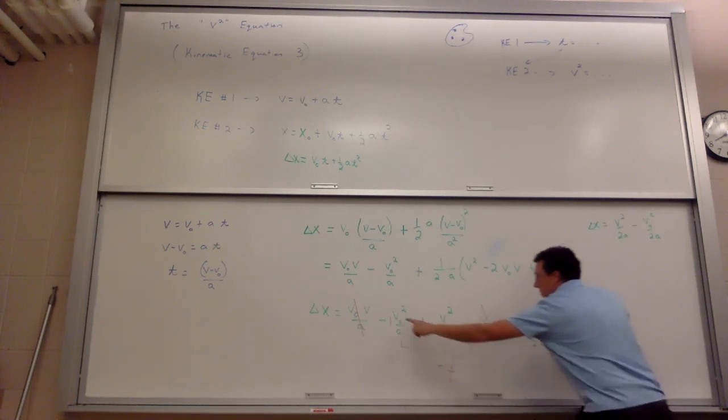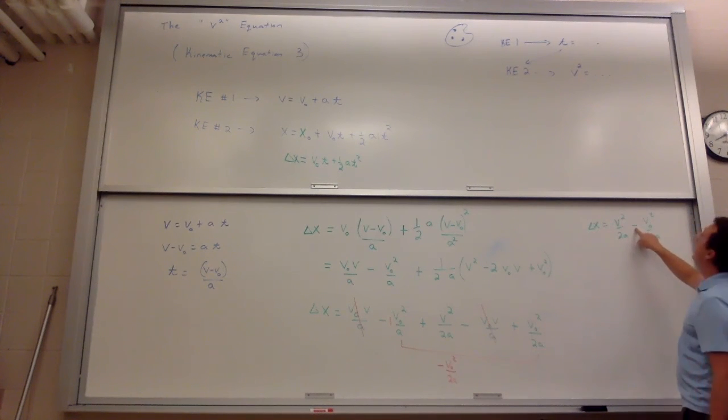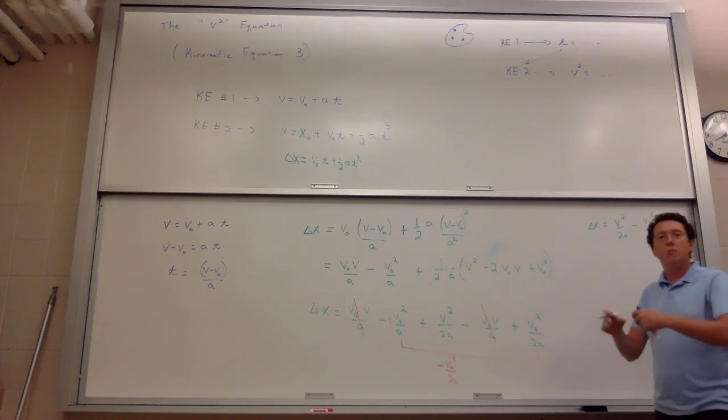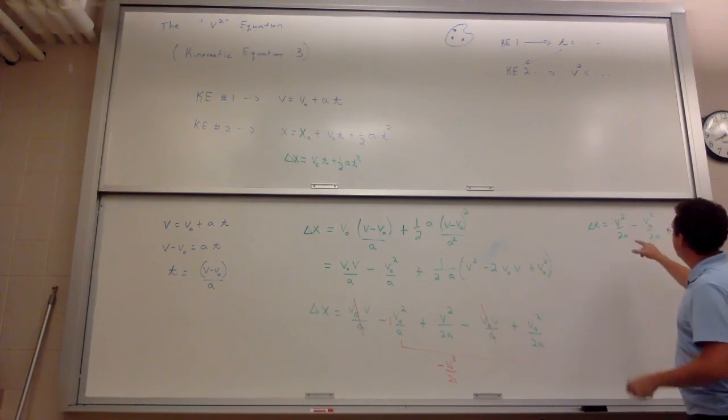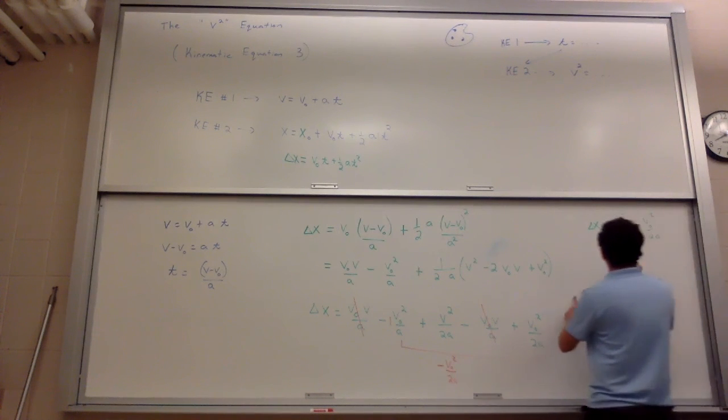That's the term. When I combine these, that's what I get with a minus sign. And remember I said the goal was to write it so it says V squared equals blah, blah, blah. Well, let's do that. So we want to solve for V squared. So I want to move this across the equal sign, and then I'll have to multiply by 2A, and that will give me my final expression.